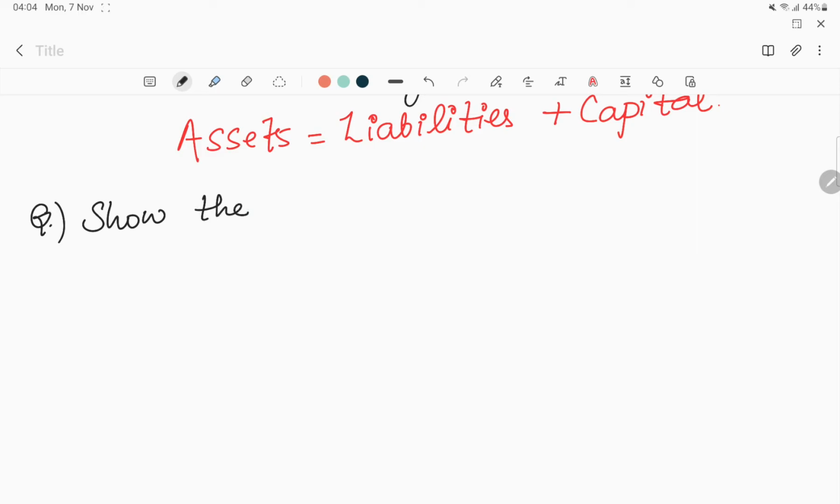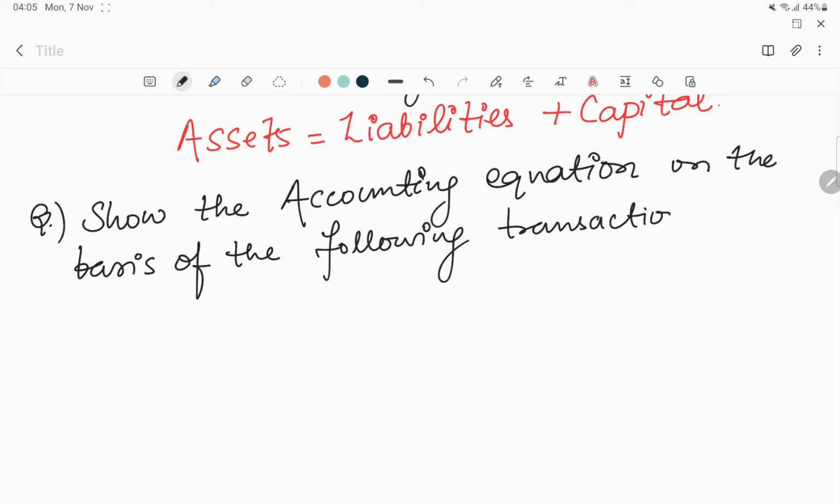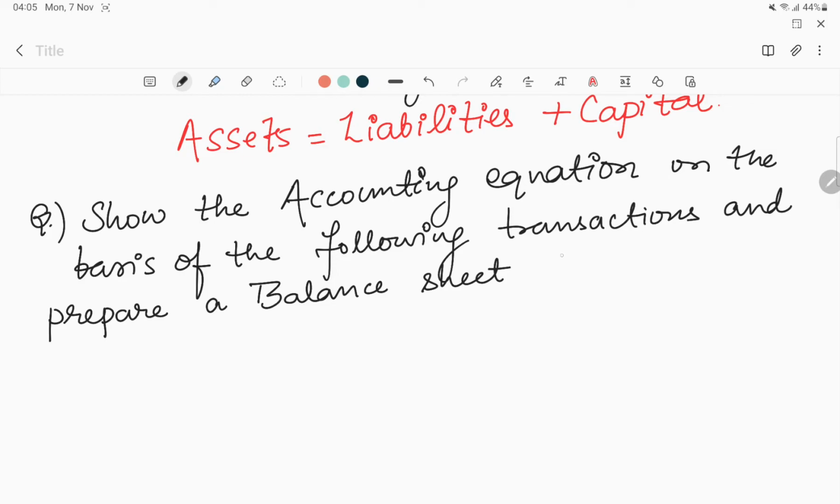Show the accounting equation on the basis of the following transactions and prepare a balance sheet on the basis of the last new equation.